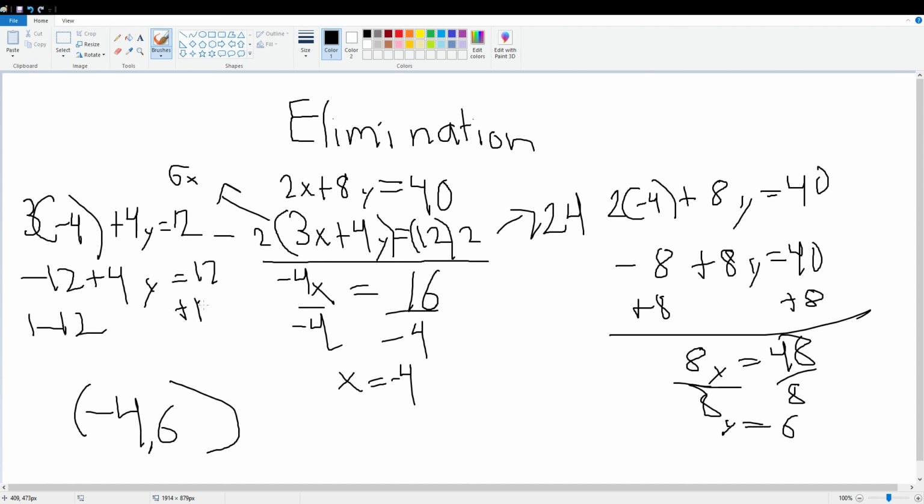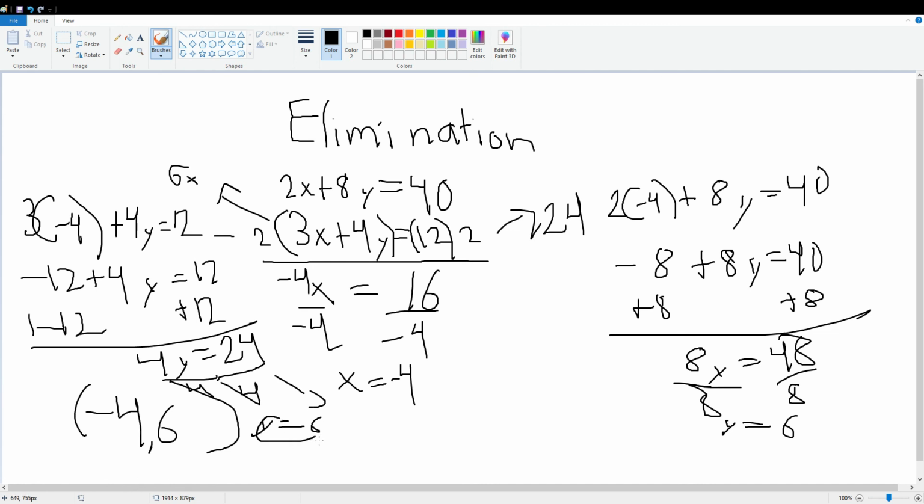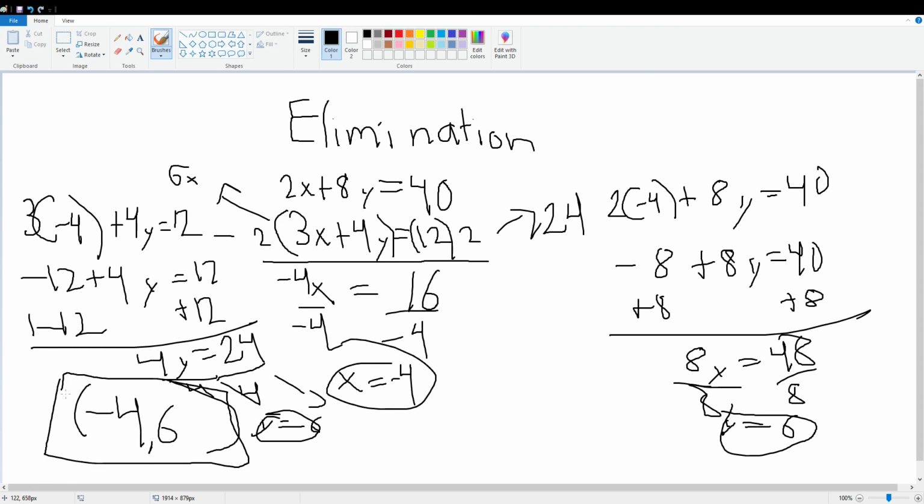It's getting sloppy. 4y is equal to 24. Divide by 4. Y is equal to 6. And we get the exact same answer as over here. So our answer is negative 4, 6.